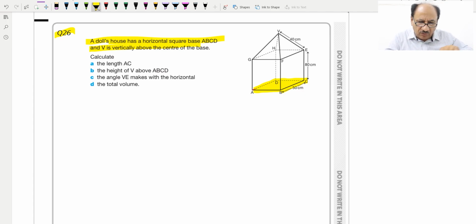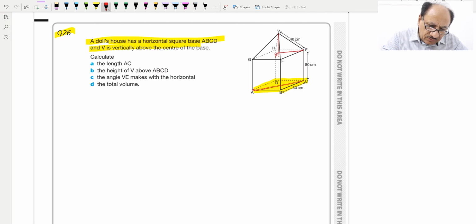So if we try to understand whatever the question is saying, that V is vertically above means this one is 90 degrees. So if we are taking this one as point M, this will be the diagonal, and it will be half of the diagonal.